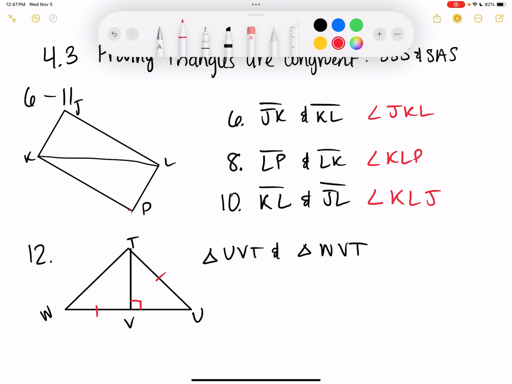And the angle is this one over here. It's opposite of that. So we do not know. So this one would be no. We don't have enough information to say that these are congruent. Doesn't mean they're not. We just don't have enough information to say one way or the other for sure.